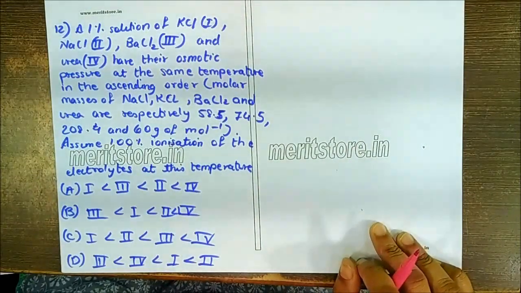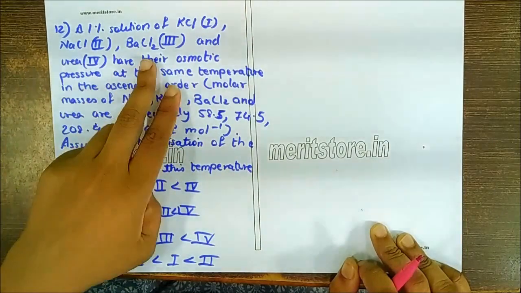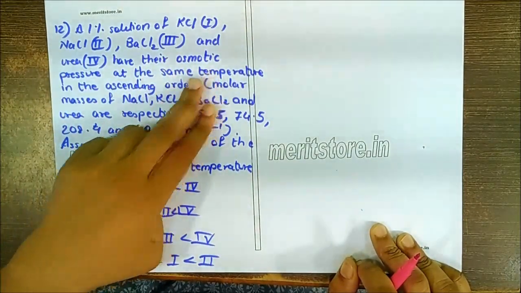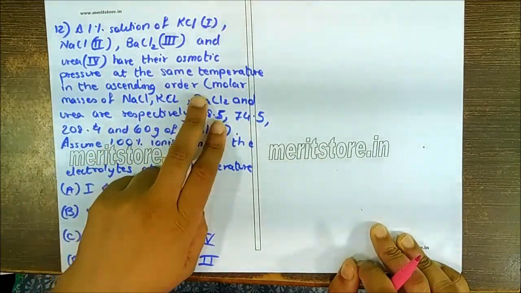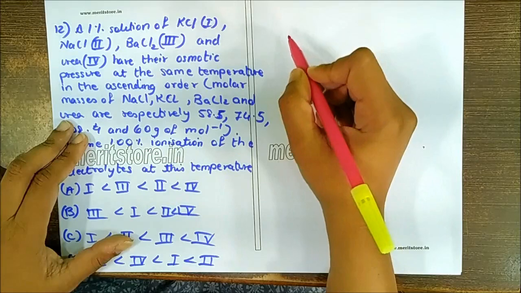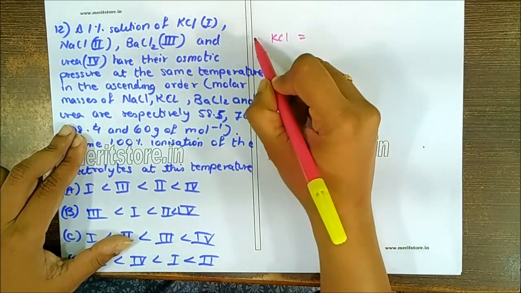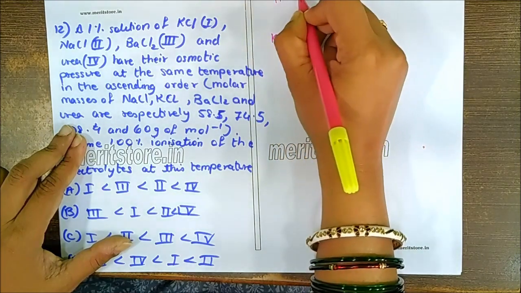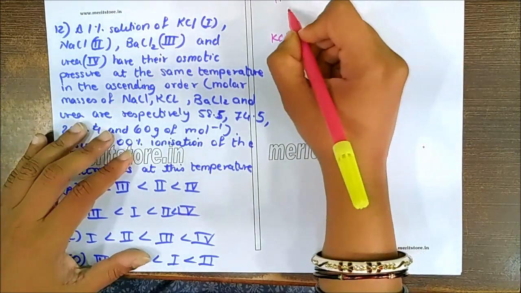Question number 12: 1% solutions of KCl, NaCl, BaCl2 and urea have their osmotic pressure at the same temperature; in ascending order we have to find. Osmotic pressure pi is equal to iCRT for electrolyte solutions.